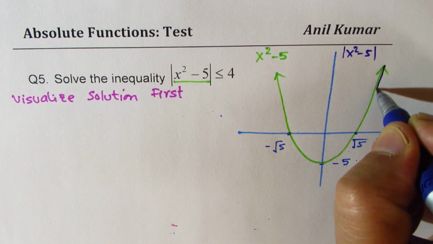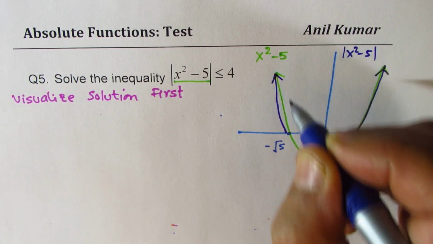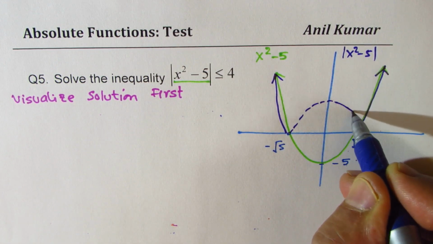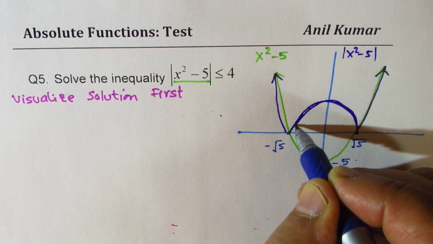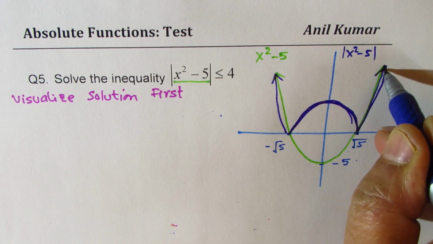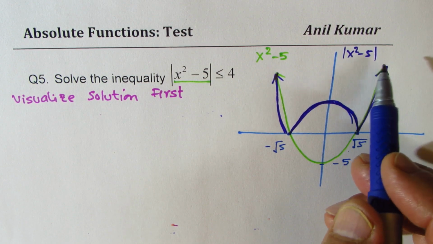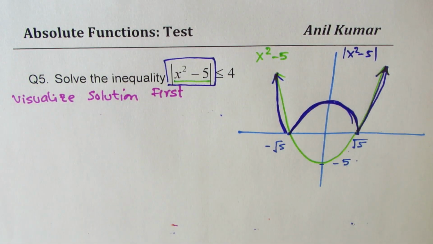So it has to be this portion which is positive, and we will reflect this portion. Is it okay? So it will be this portion. Does it make sense to you? Right? So that becomes the value for the absolute value of x squared minus 5. So the whole thing here is shown in this blue.